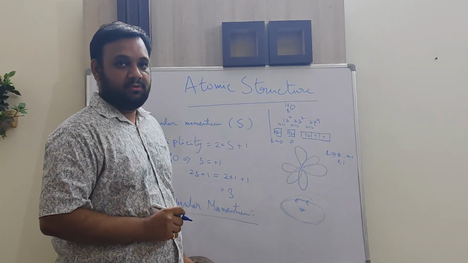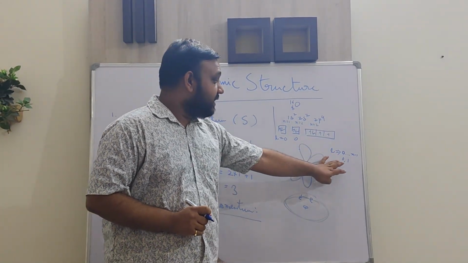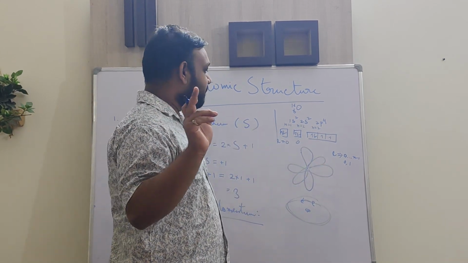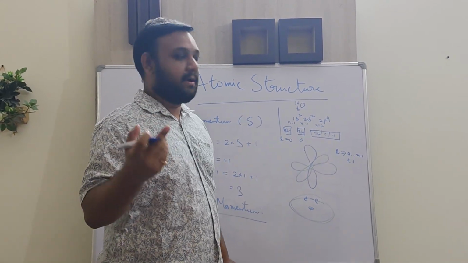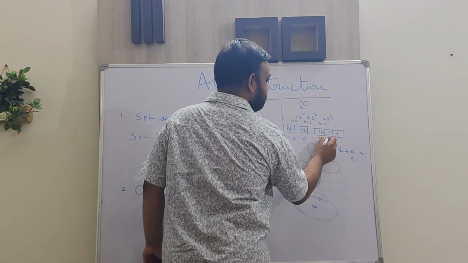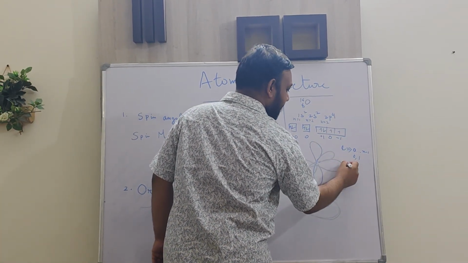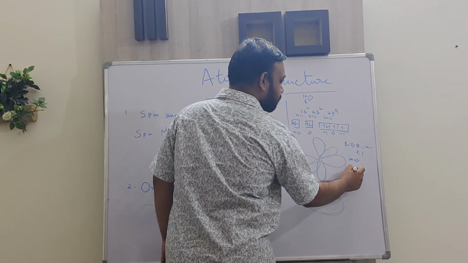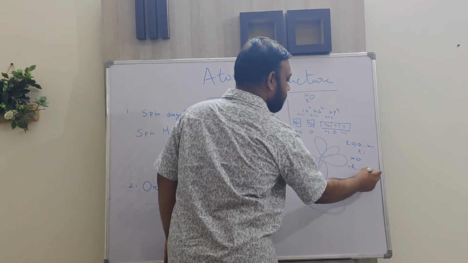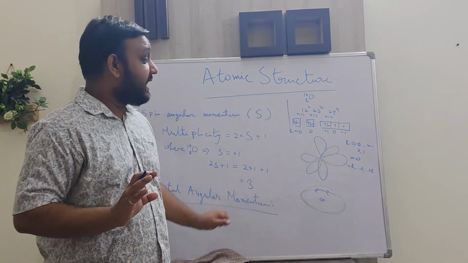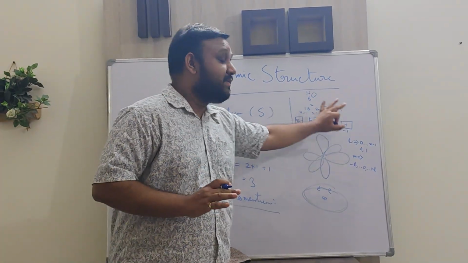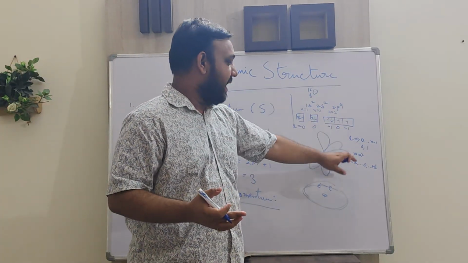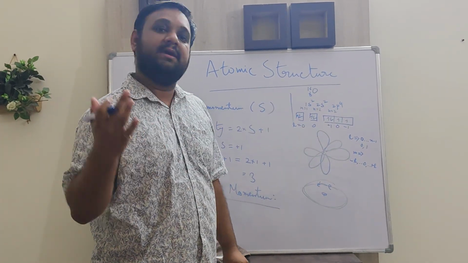These are the two L values. And for these two L values, we can write the magnetic quantum number, plus 1, 0, minus 1. Why? Because the magnetic quantum number, as you already know, goes from minus L up to 0 to plus L. These are the possible values, and I am assuming you already know how to calculate these quantum number values, their boundaries and ranges, which we have already learned.